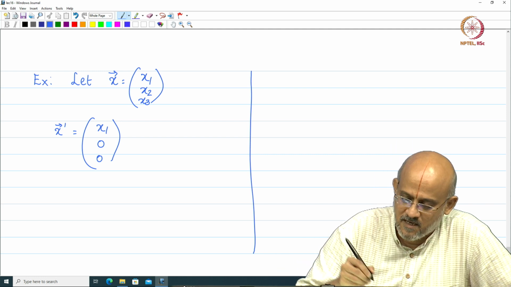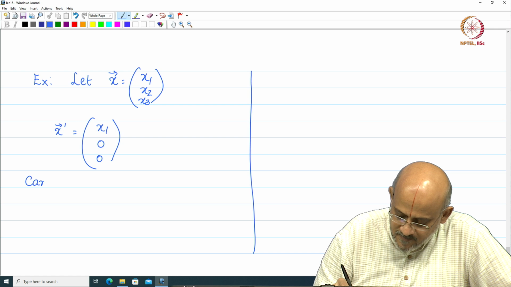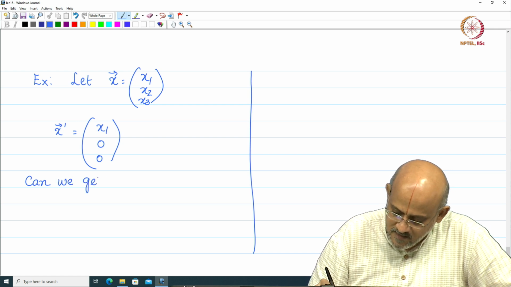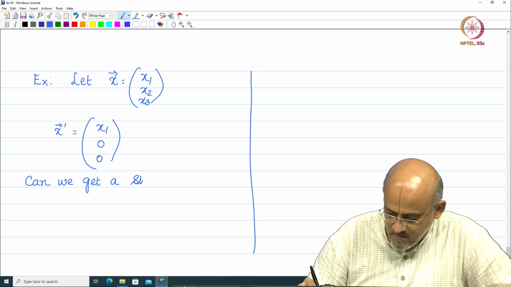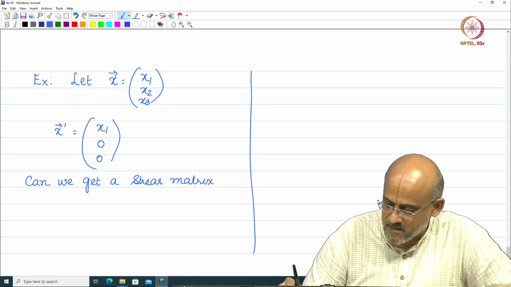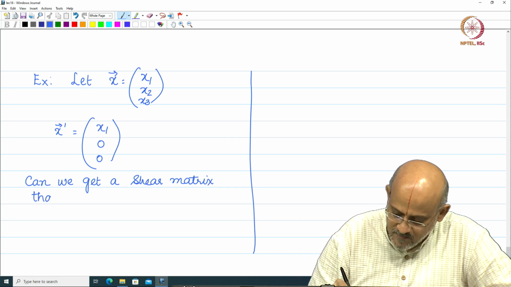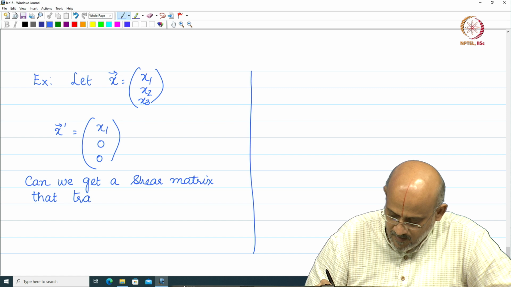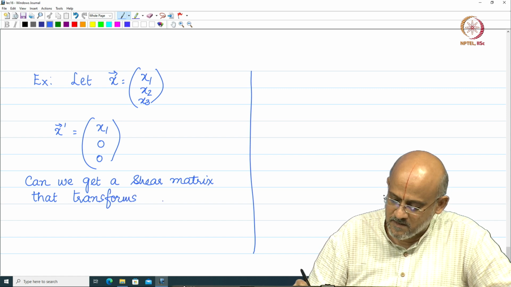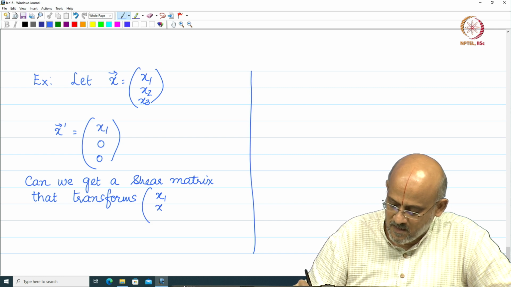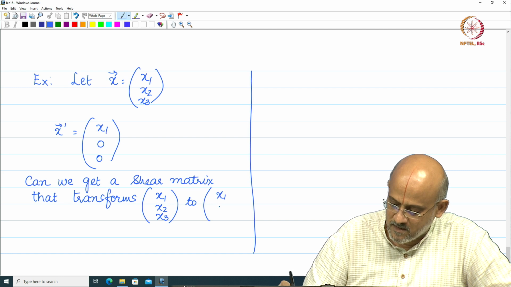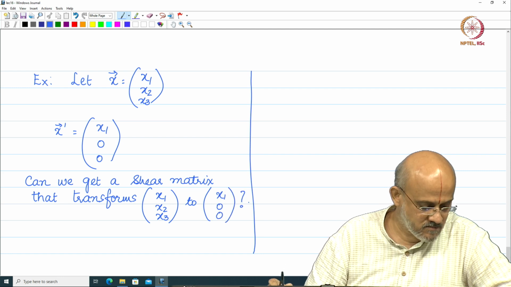So, the question is, can we get a shear matrix that transforms x1, x2, x3 to, let us say, x1, 0, 0?